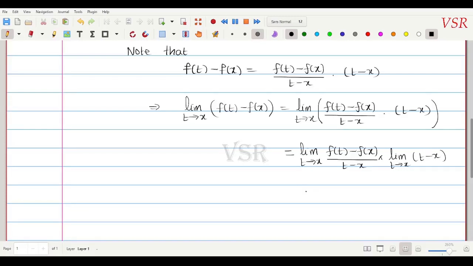Okay, which is equal to f is differentiable ஆக இருக்கிறதுனால this is given by f dash of x. The limit exists ஆயிரும். What is the limit of this? இது வந்து it is equal to 0. Okay, so therefore this is equal to 0.